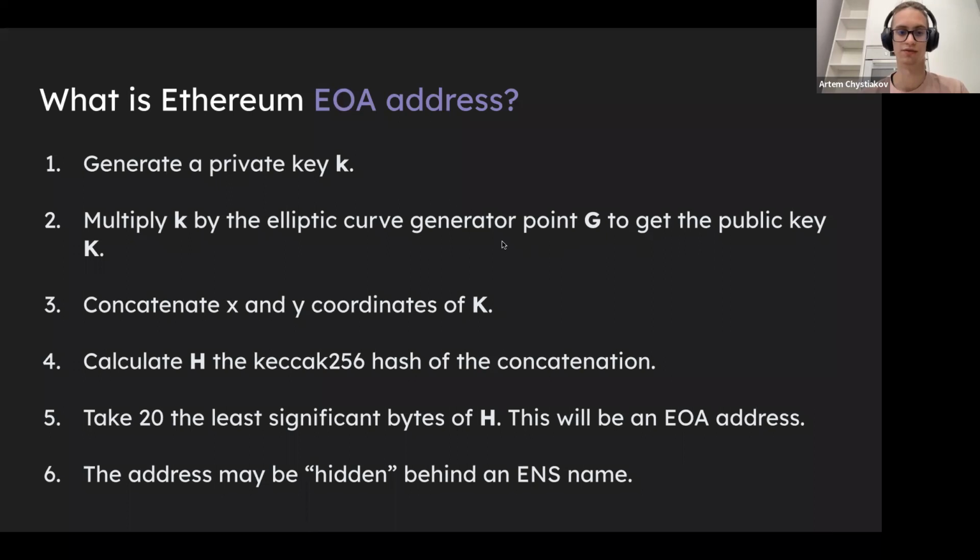Because of the elliptic curve properties, this is a trapdoor function: you can easily compute that multiplying this by that gives you PK, but it is pretty much impossible to work out what was done to get this PK number.